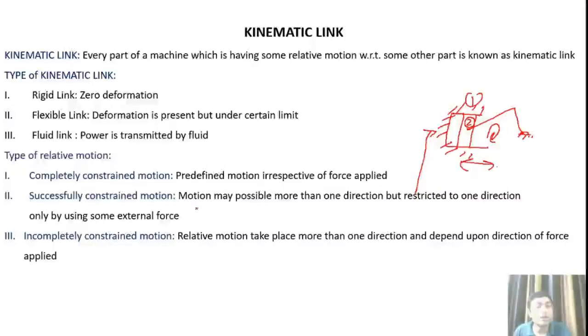In successfully constrained motion, there may be more than one direction of output, but it is restricted to one direction only. Whereas in incompletely constrained motion, relative motion takes place in more than one direction.